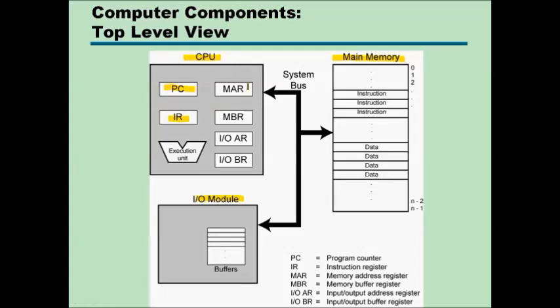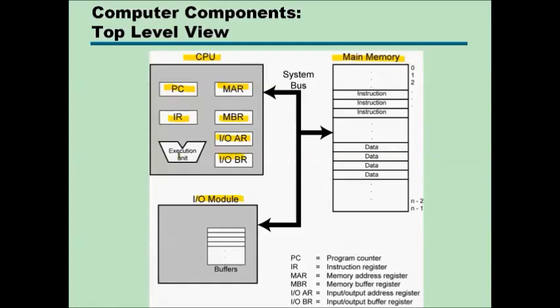We also have the MAR, the memory address register. We also have the MBR, the memory buffer register. We also have the IOAR, the input-output address register. And then we have the IOBR, the input-output buffer register.